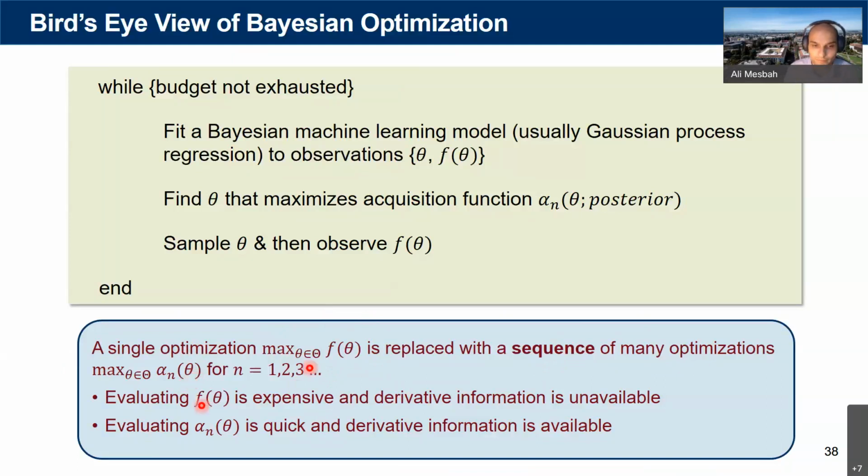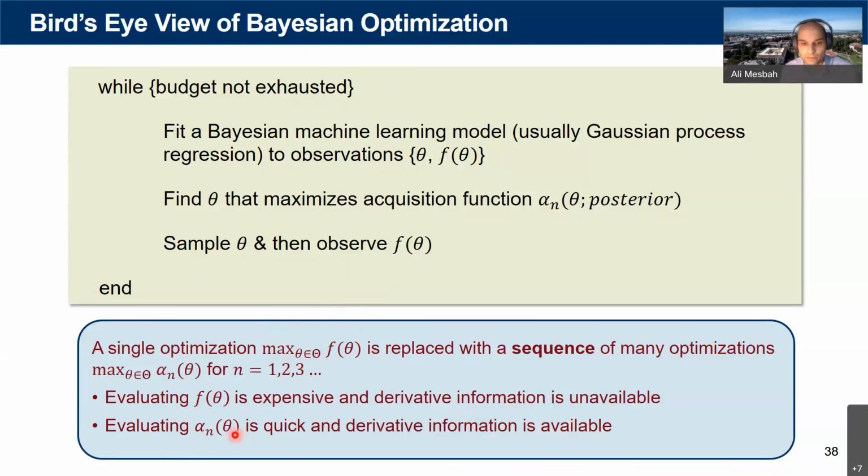First of all, the objective function was expensive, and derivative information was not available, whereas the acquisition function is very quick to evaluate, and we also have an analytical expression for it, and therefore the derivative information is available.